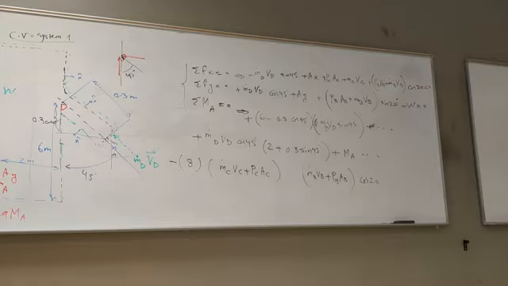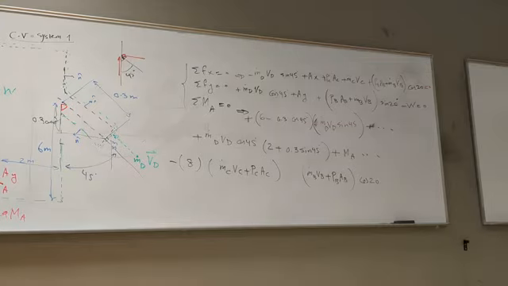Let me double check. Yeah, so from here to here is 3. But look, this force is not here. This force is here. Do you see that? So if I move this here, is that 3? The momentum is not 3.